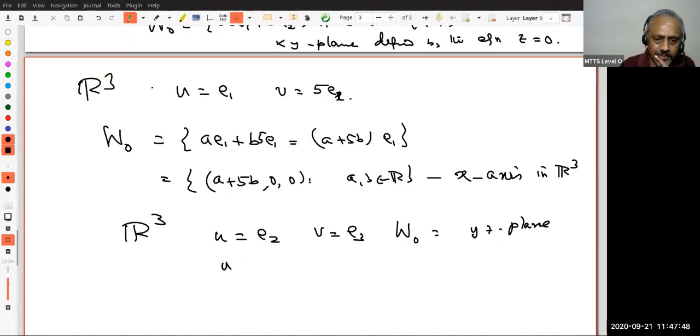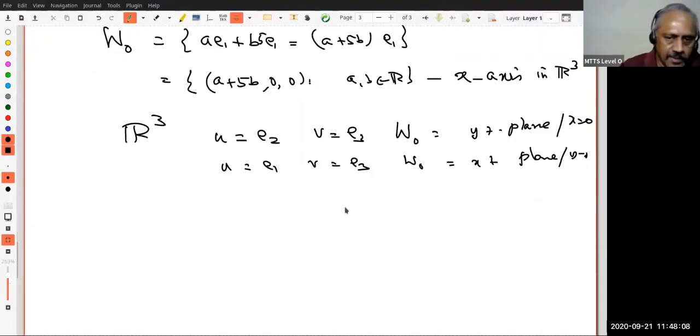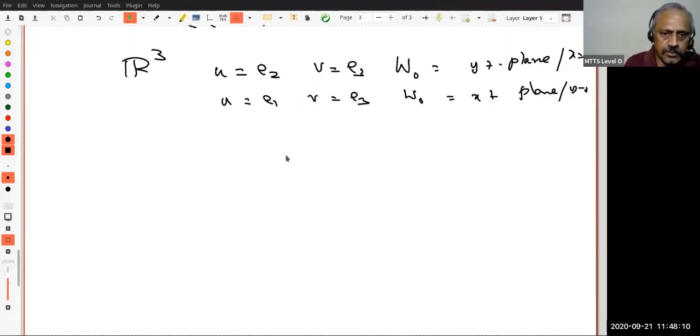And if U equal to E1, V equal to E3, the smallest vector subspace containing these two vectors will be the XZ plane. So this is given by X equal to 0, this is given by Y equal to 0. Very good. I think that's good enough. We'll come to this later.